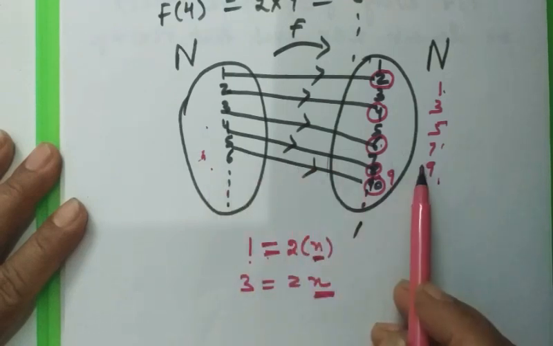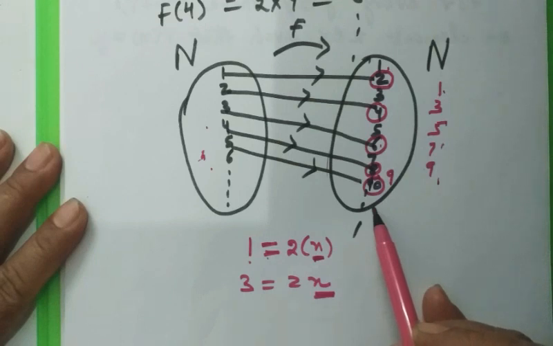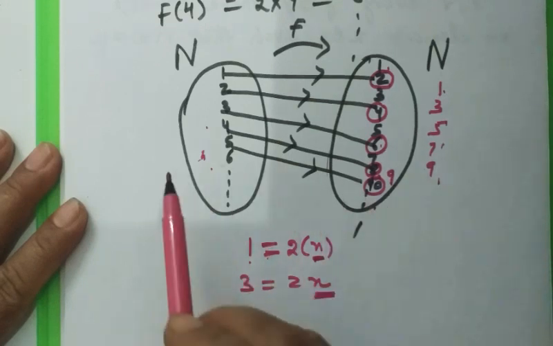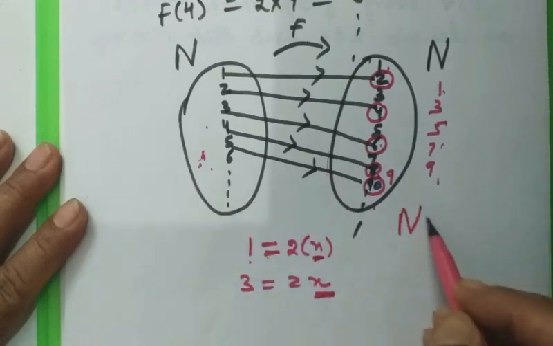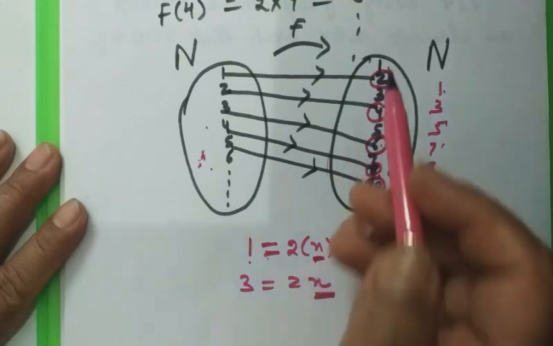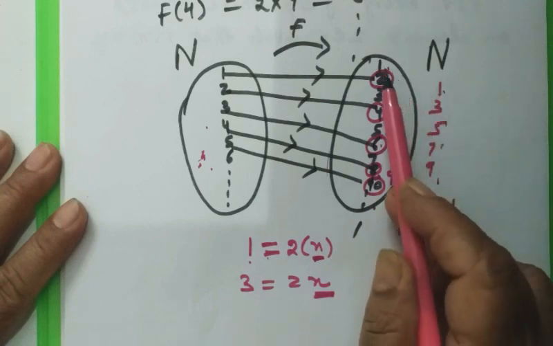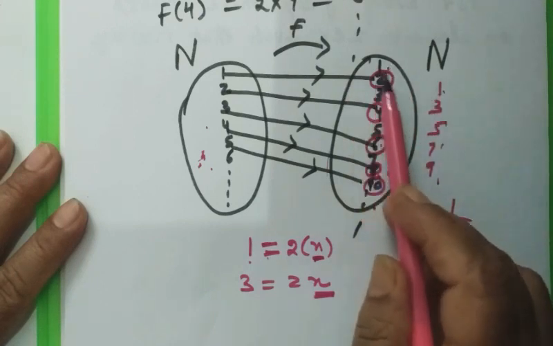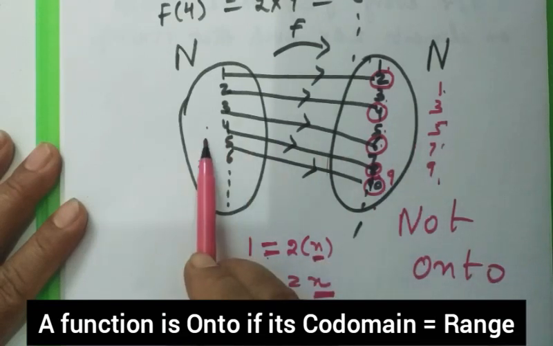Such kind of functions, where every element of the codomain set is not the image of some element of the domain set, are not onto. First, if we understand what is not onto, it will be better for us to understand what is onto. If this is not onto, why is this not onto? Because in its codomain set, some elements are not the images of some elements of the domain set.